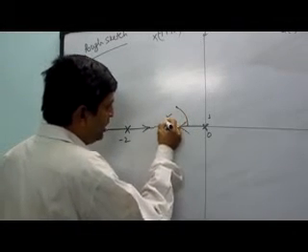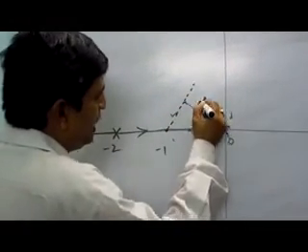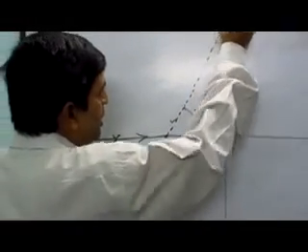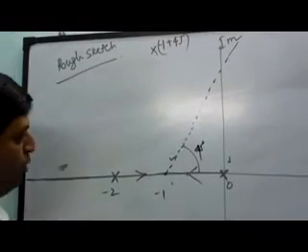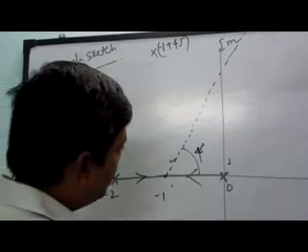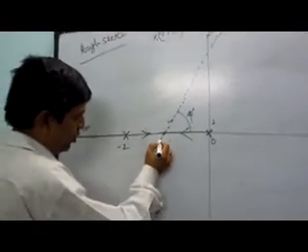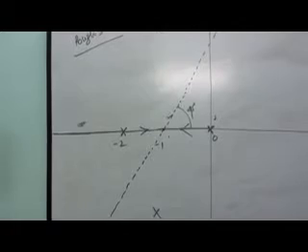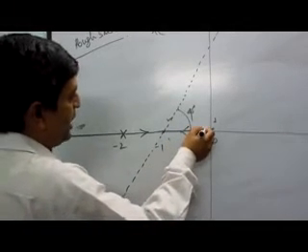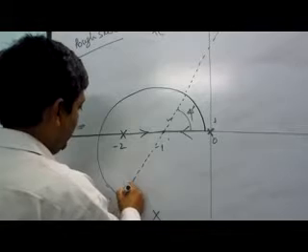Try to draw the asymptote which is 45 degrees with the real axis, like a dotted line, like this. From the property of symmetry, we can say another asymptote must lie like this. So it makes an angle of 225 with the real axis.